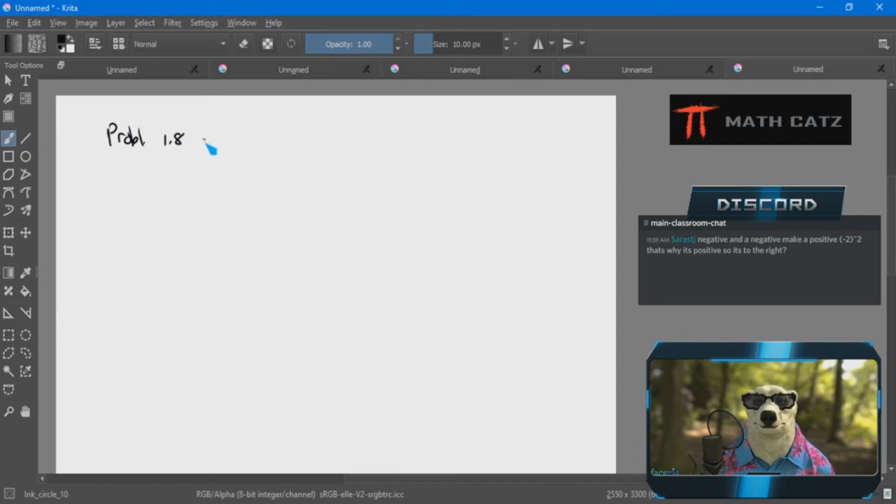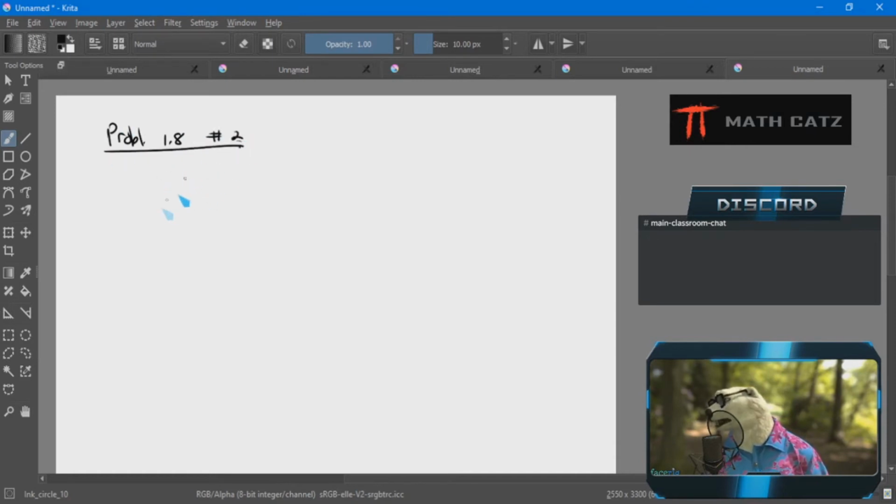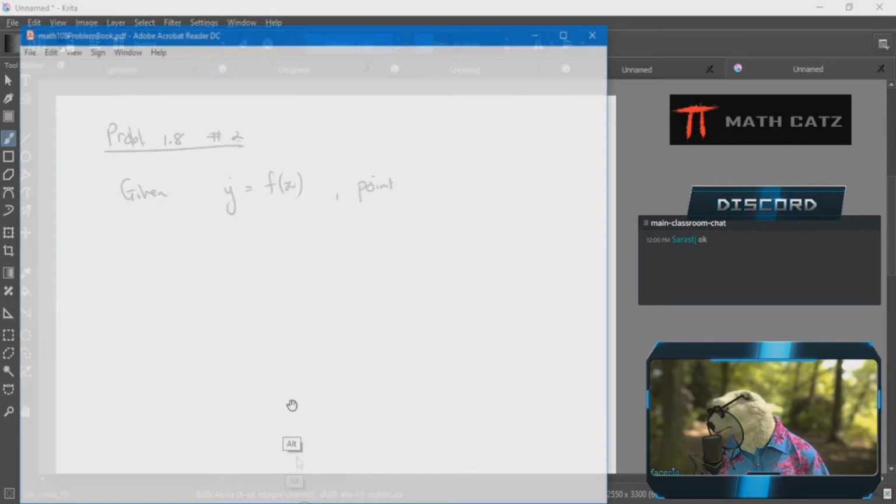That's not much better. Problem 1.8, what do I want to do here? I want to do number 2, where I look at the y equals x squared, but I'm not really stuck to it in any way. I'm given a function y equals f of x and a point. Is it the same point?